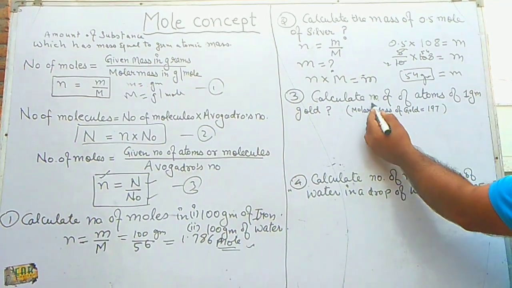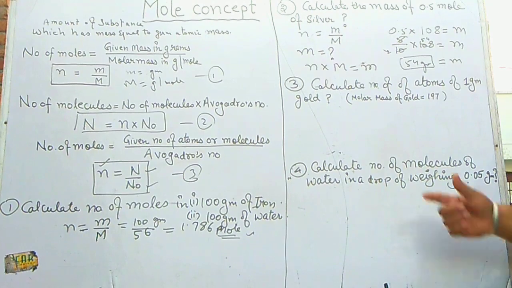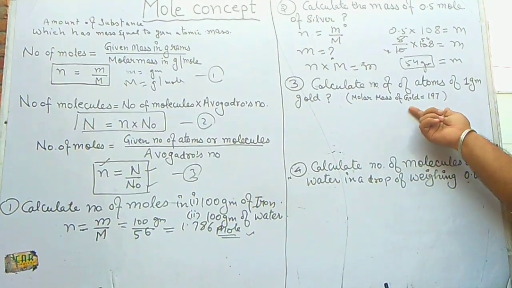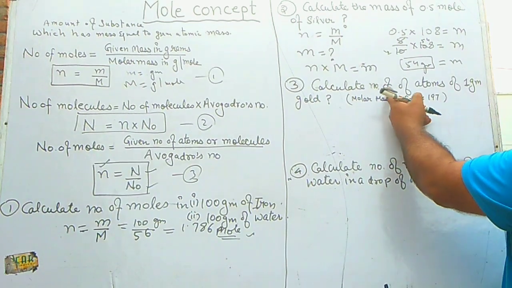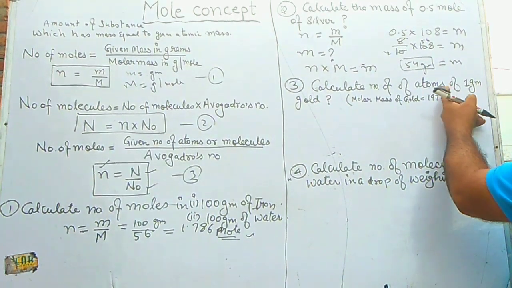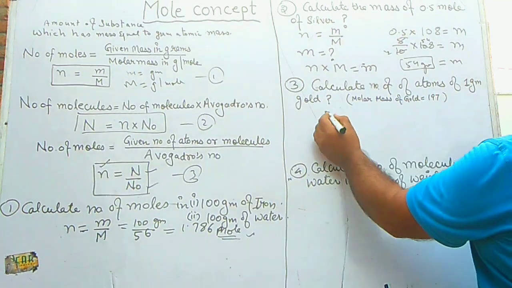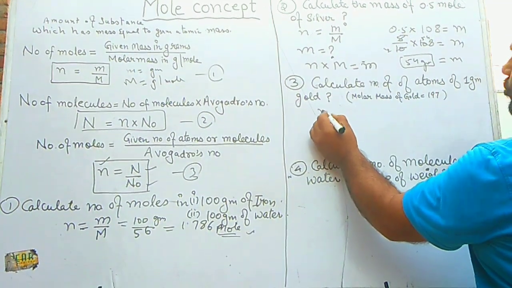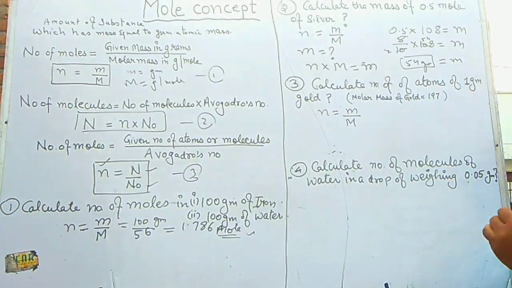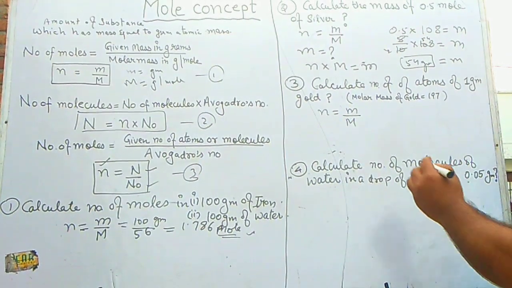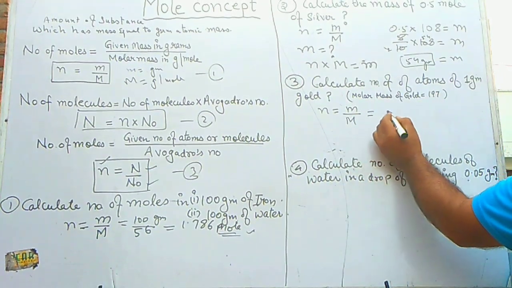Now calculate the number of atoms in 1 gram of gold. The molar mass of gold is given, that is 197. Again the same formula we will use, n equal to small m over capital M. Now we have to find the number of atoms.